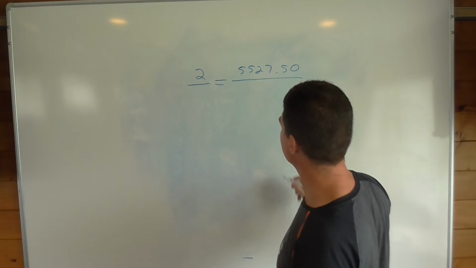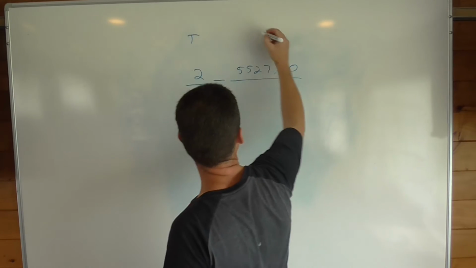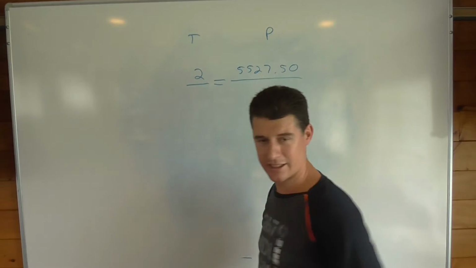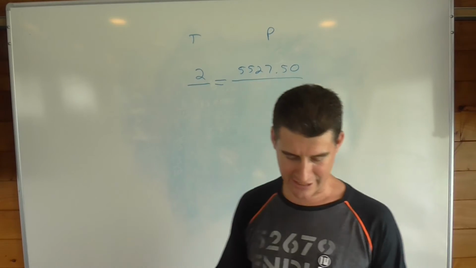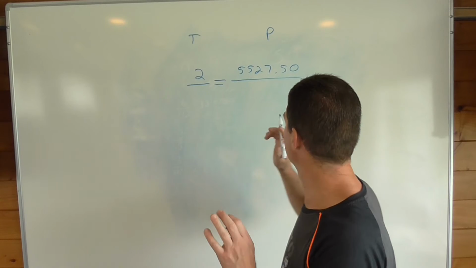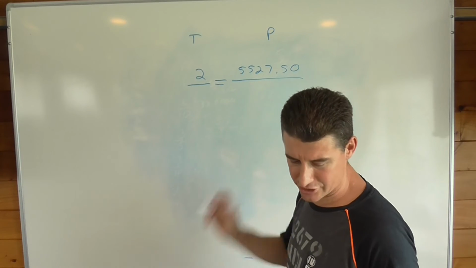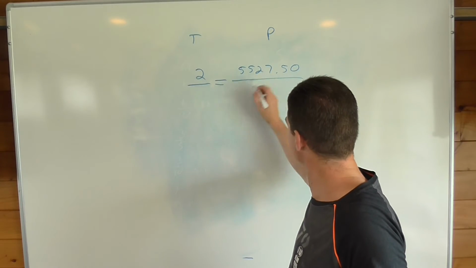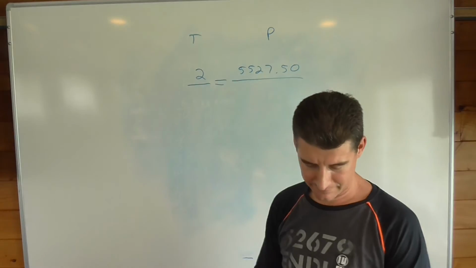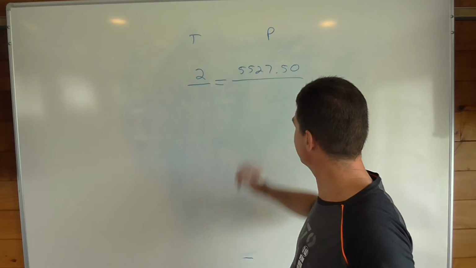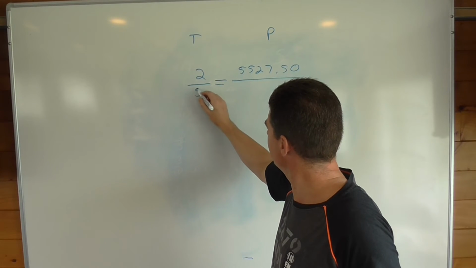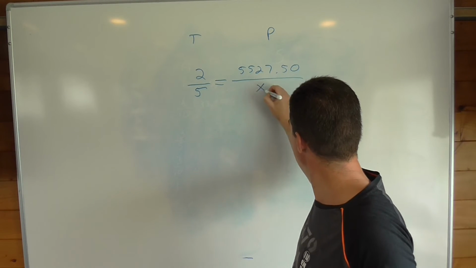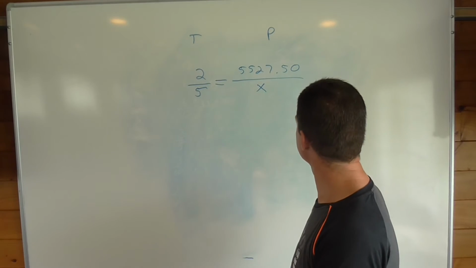So this is tons and this is price. They say 2 tons of material cost you that. How much will 5 tons cost? So that'll be 5 tons will cost you X.